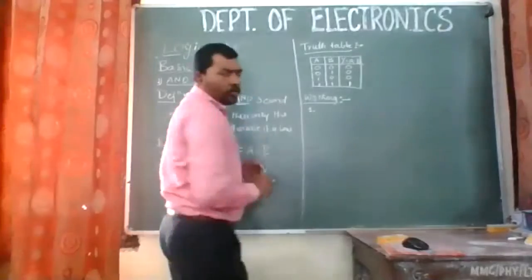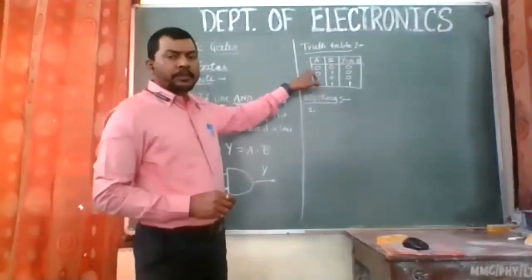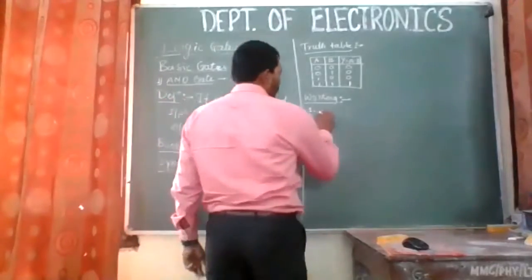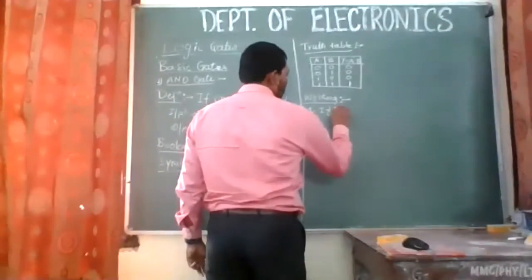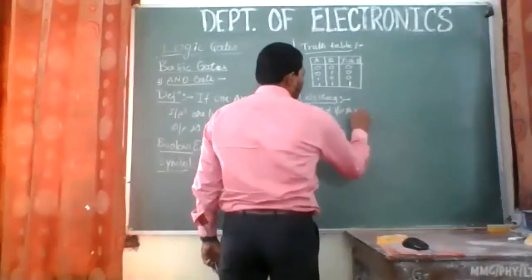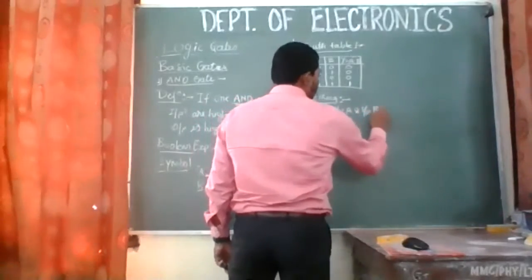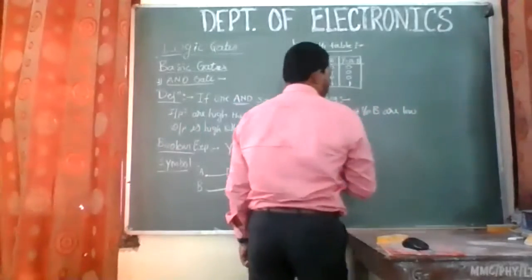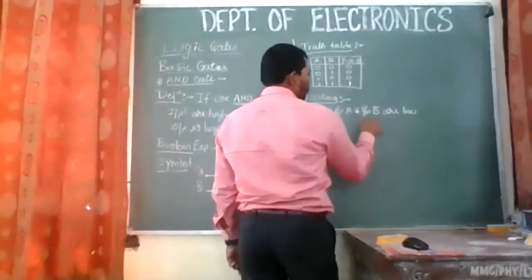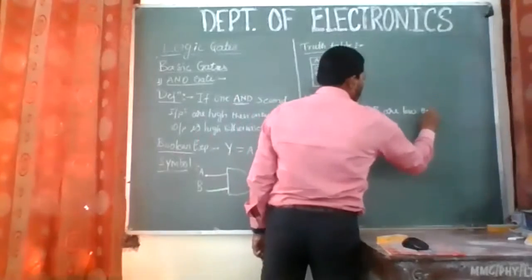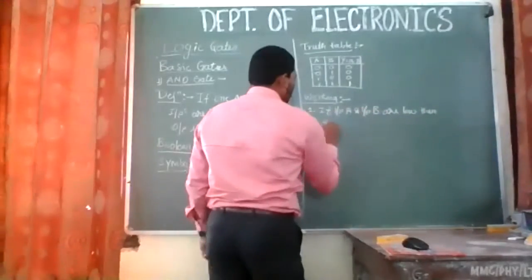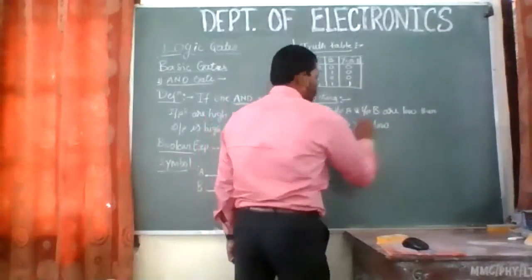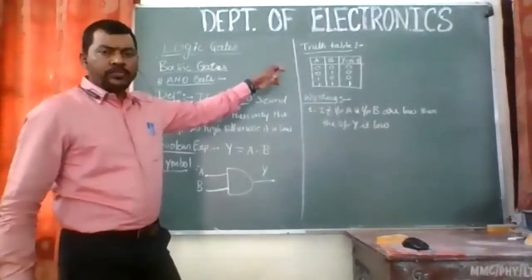In the first point of working, we explain the first possibility of input that we give. This is the simplest format in which we are expected to write: if input A and input B are low, then the output Y is low. This is the first point of the truth table.